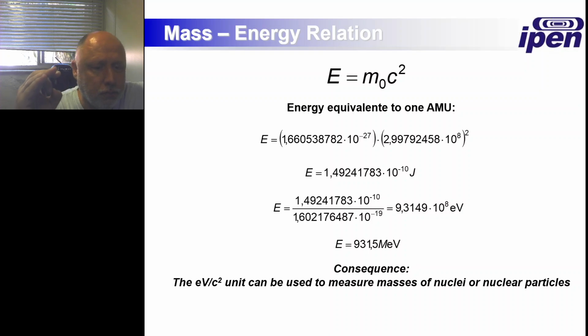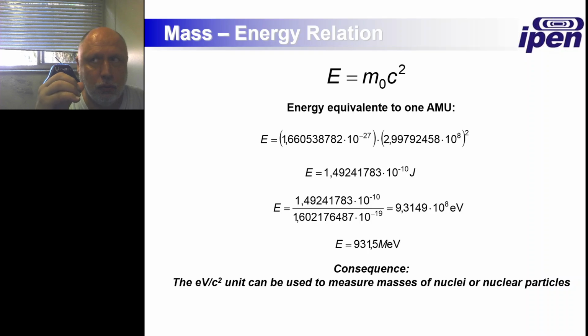As a consequence, if this is the number of MeVs equivalent to one mass unit, sometimes we use the unit electron volts per c squared, or mega electron volt per c squared, as a unit of mass, because energy divided by c squared is mass, right? Why do we do that? It's essentially very simple. There's no practical way of weighing very, very small masses.